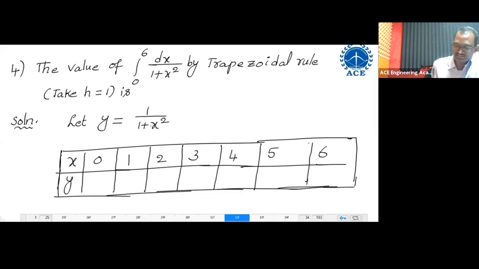If I take x equal to 0, the y value is 1.